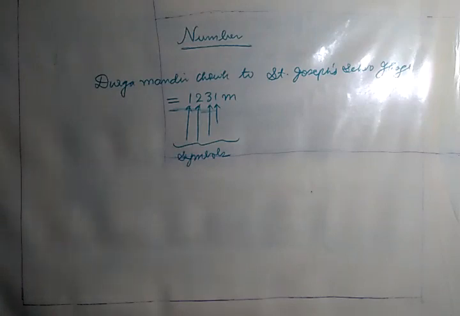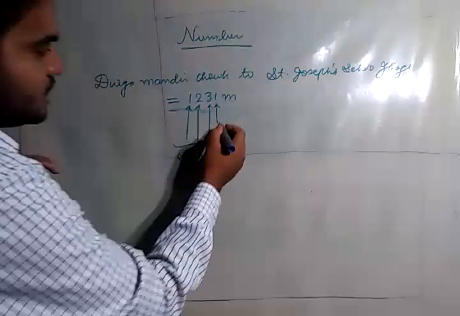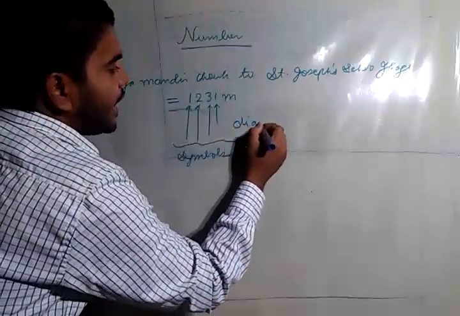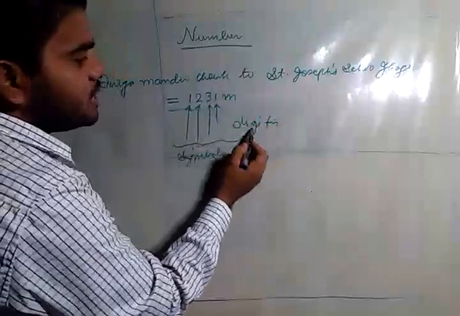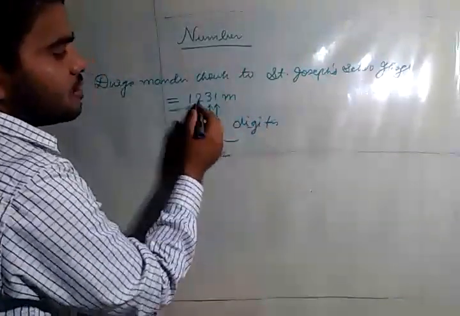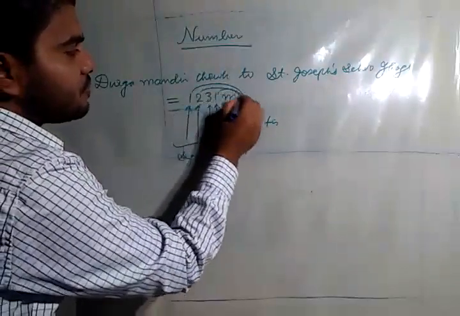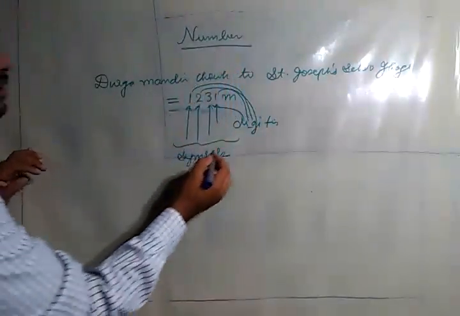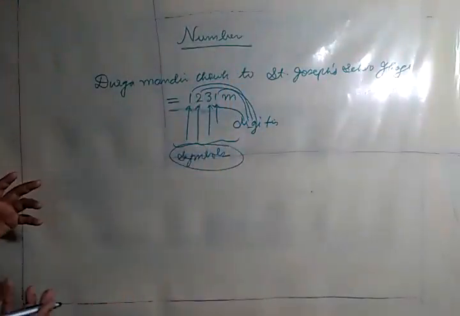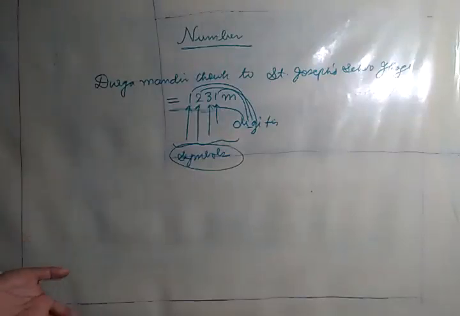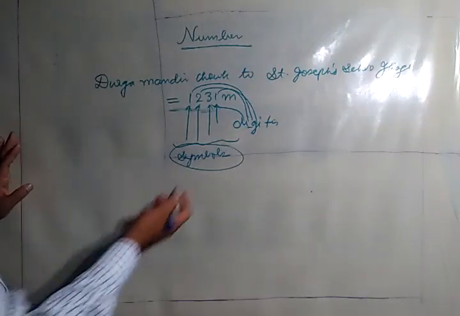But for us, as we are teachers and you are students, you will say that these all are actually digits. One is one digit, 3, 2, these all are individually called digits. But for a layman, it will be a symbol, a design, some pattern, something written on the board.